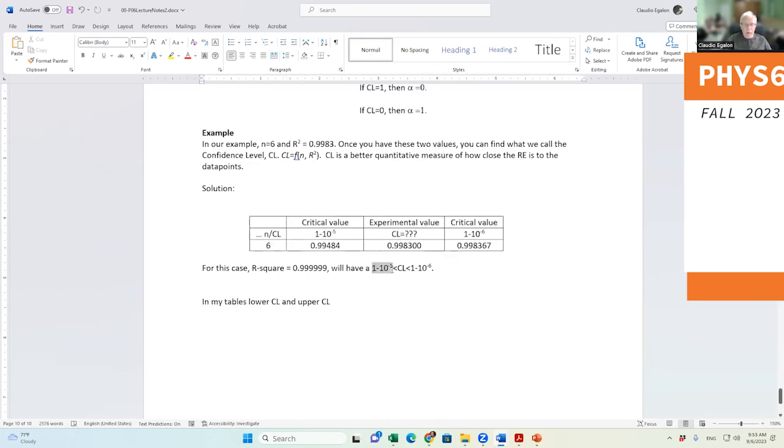That would be the lower bound for CL, the upper bound for the CL, and CL lies somewhere between those two values. Lower bound and upper bound. Once you start doing the experiment, you're going to understand better what I mean.